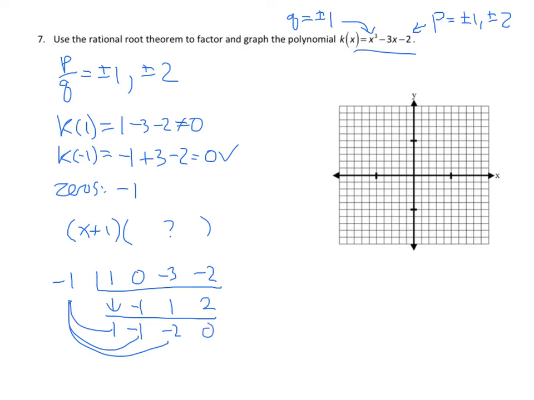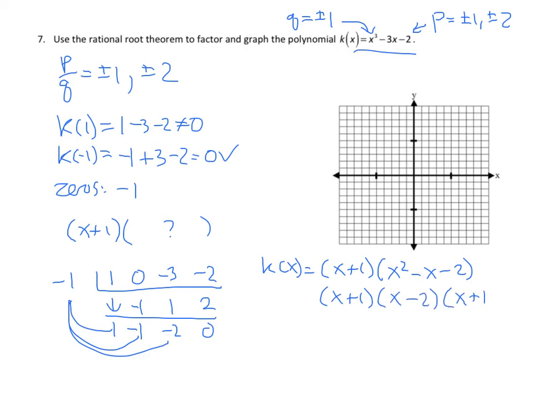So my function, k of x, was x plus 1 times, my answer for synthetic division is x squared minus x minus 2. And then I can continue to factor that. I get x plus 1 times x minus 2, x plus 1. And I could rewrite that.